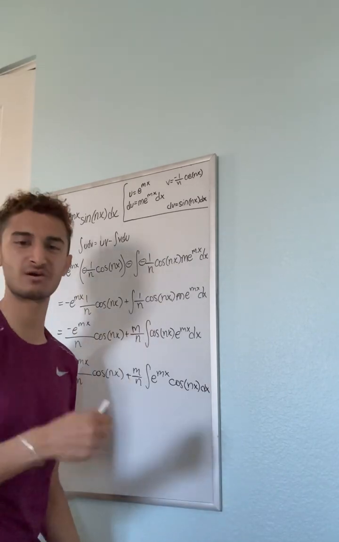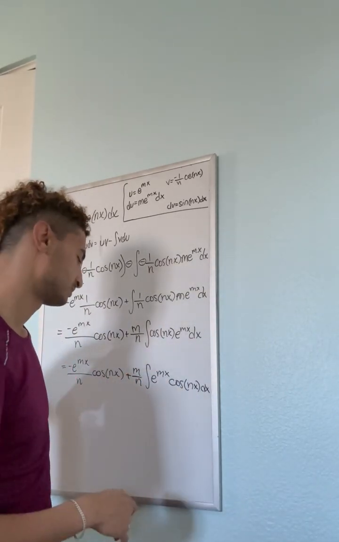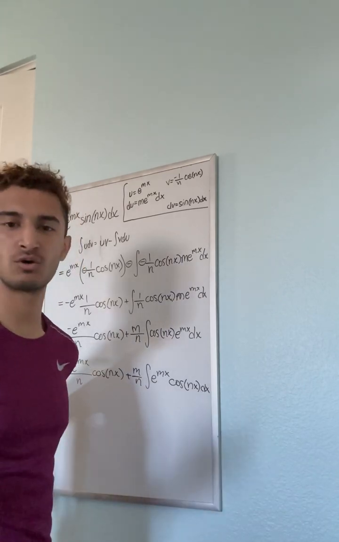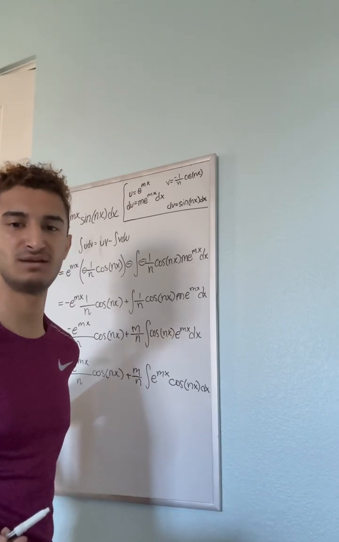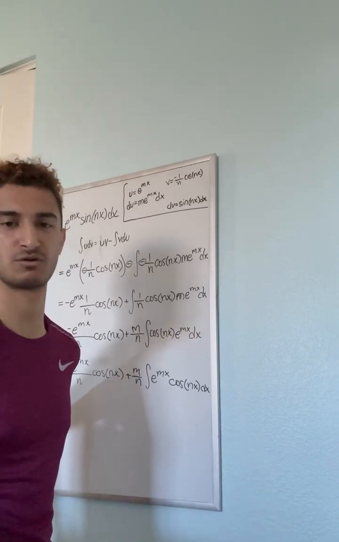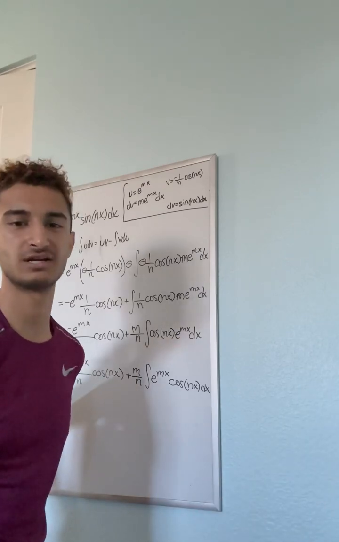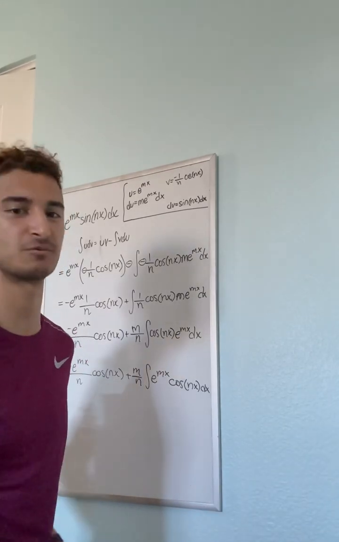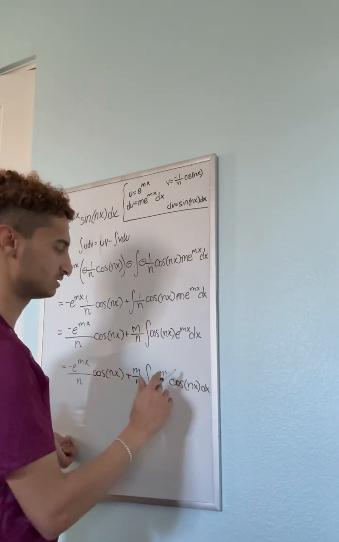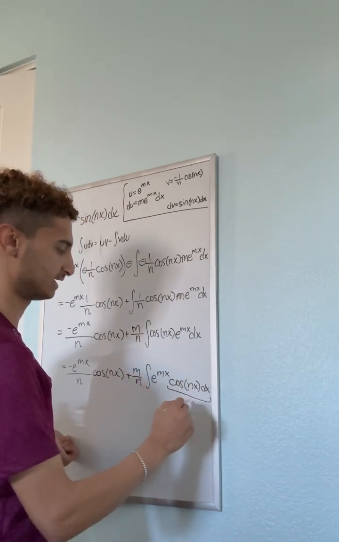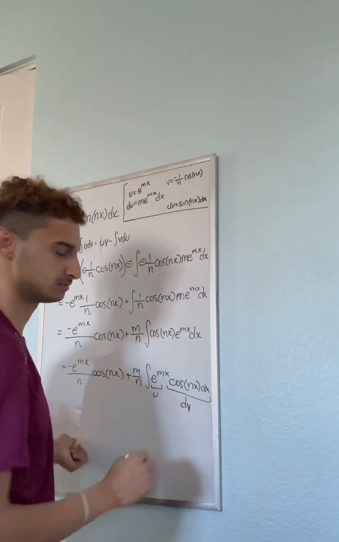Now, sorry if you took note of what I put as u and dv, but for recursion especially, you want to be integrating the same trig function over and over again. You don't want to integrate it once and then the next time differentiate it, because you're just going back and forth, and that's not going to work. So I just switched the order of these two, so I can let this equal dv and this equal u.